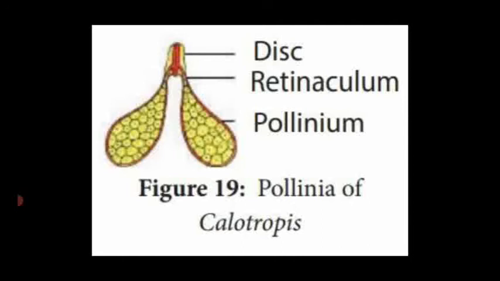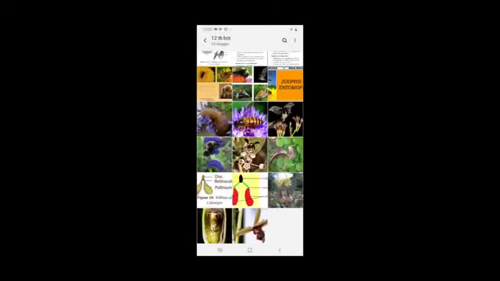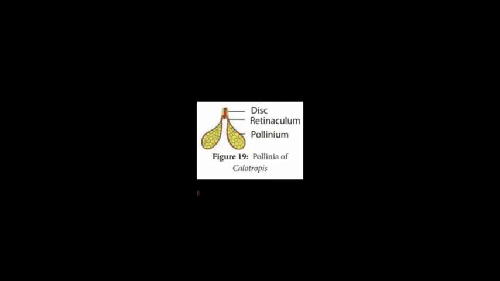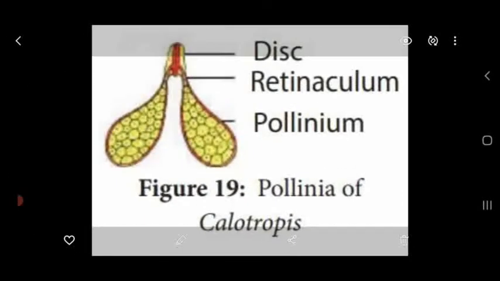A small thread-like structure arising from the corpusculum is called retinaculum. At the top, they have a disc-like structure. The entire structure looks like an inverted Y. This inverted Y-shaped structure is totally called a translator.